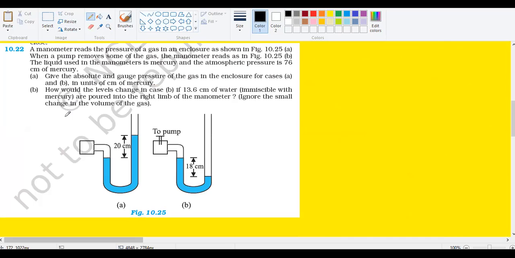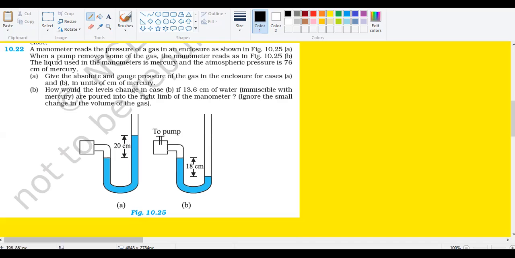A manometer reads the pressure of a gas in an enclosure as shown in figure 10.25, and a pump removes some of the gas. Okay, so you are connecting, so the pressure is this way, so this is higher pressure, so that means this is pushing it downwards, so this is rising up, right? So this is mercury.